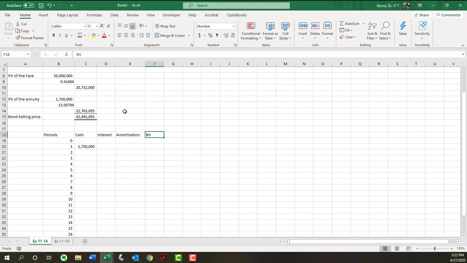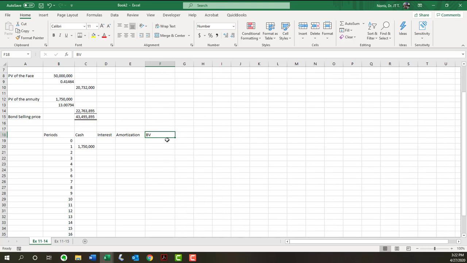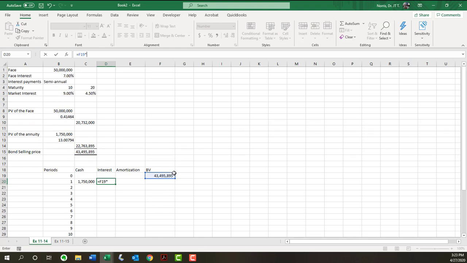So the book value initially is this 43 million. Interest is going to be that carrying value, the book value, times the 4.5%.